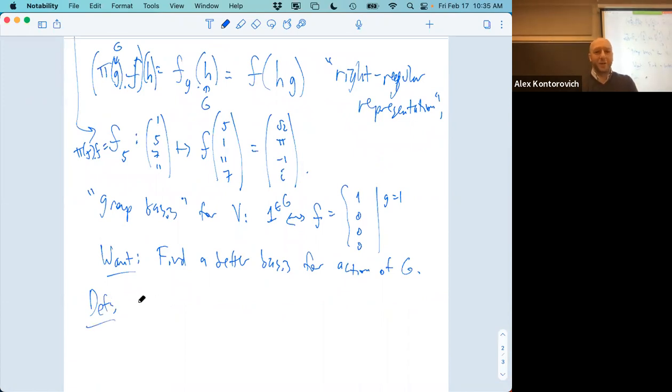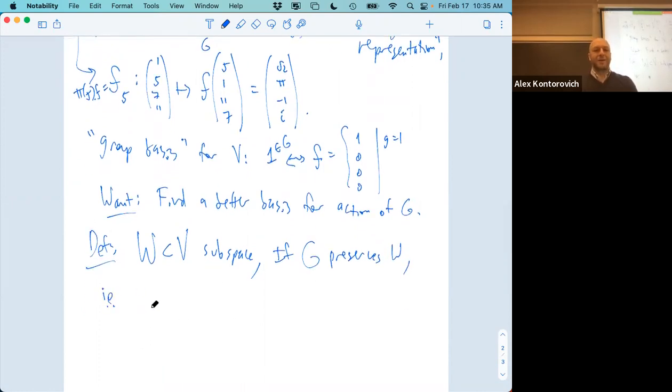Okay, so definition: if I have a linear subspace W, a subspace of the vector space V, and if G acting on W is contained in W, if G preserves W, i.e., for all G in G and for all W in W, pi G W, right?